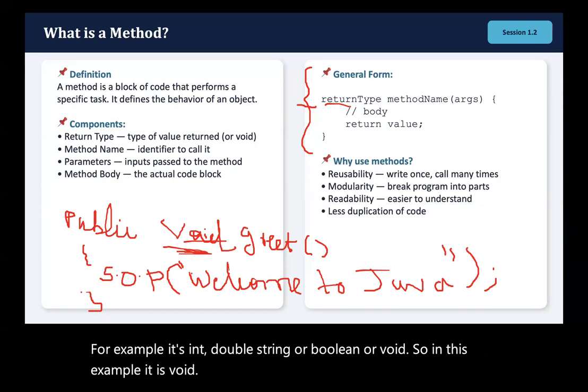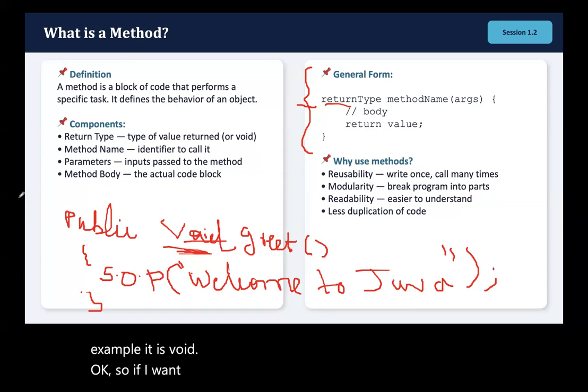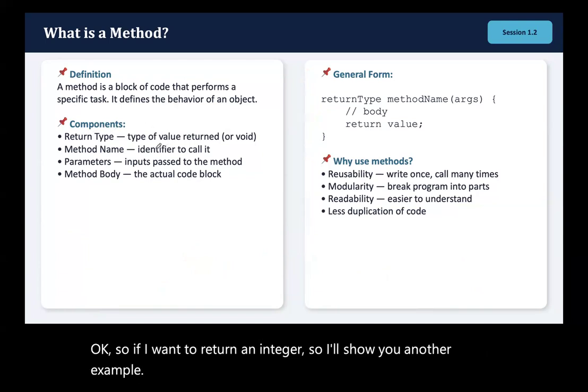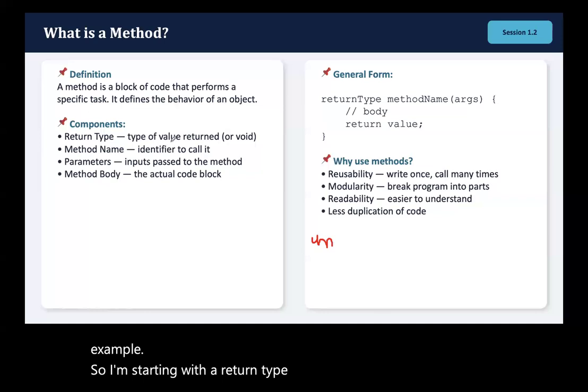If I want to return an integer, I'll show you another example. I'm starting with the return type, so I'm writing int. My method name is add.